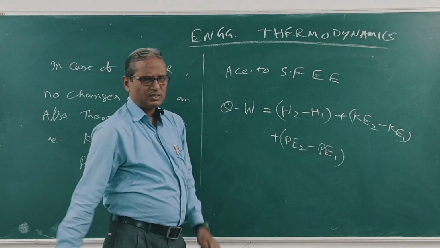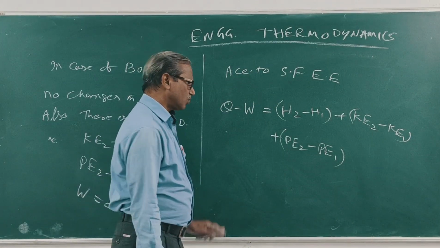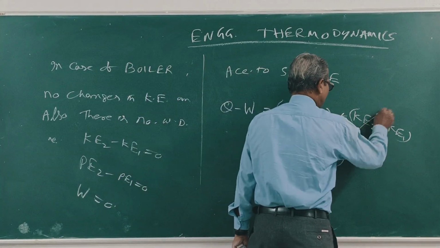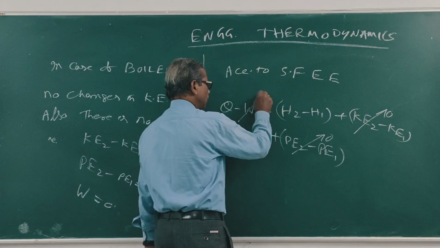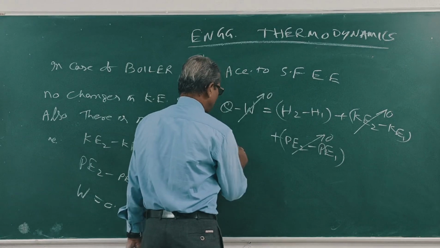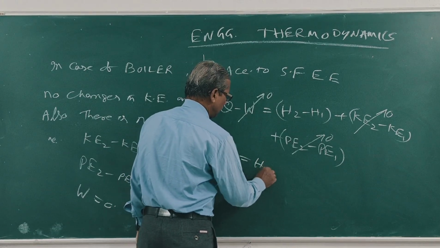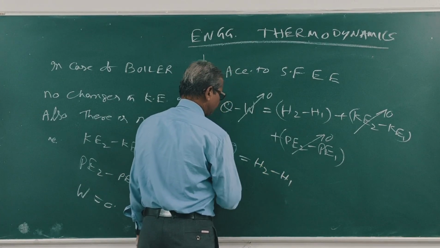So in this case, K2 minus K1 is 0, P2 minus P1 is 0, W is 0. So Q is equal to H2 minus H1.